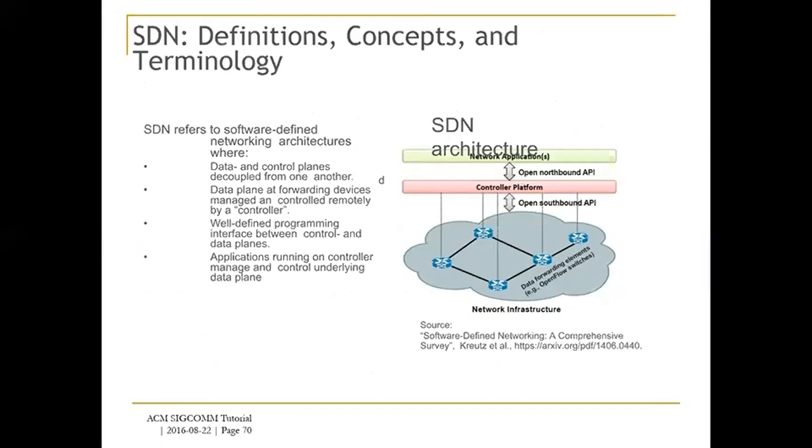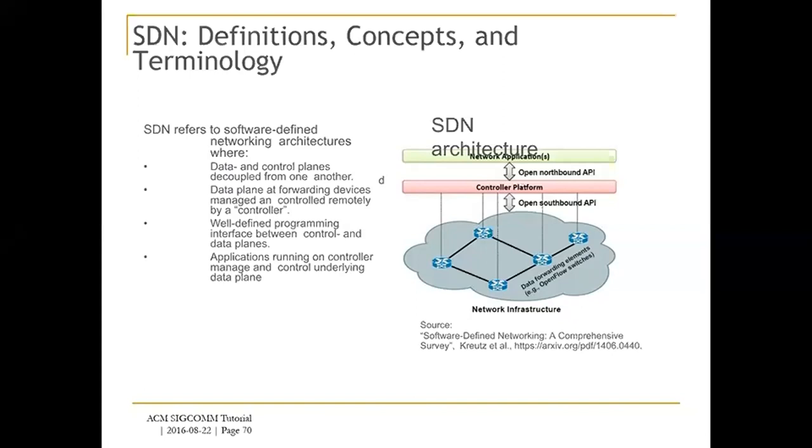This part actually belongs to the core of the network. The first interface of the core network is called the network application, and at the bottom we have the data forwarding plane. In between we have a controller.